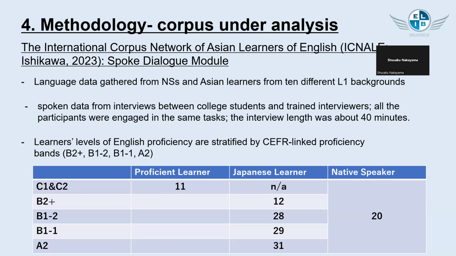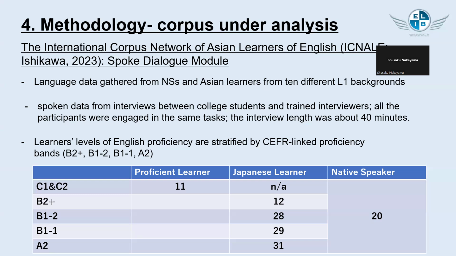The ICNALE corpus classifies learners' levels of English proficiency by CEFR-linked proficiency bands, B2 plus, B1-2, B1-1, and A2. So we can choose language produced by learners at particular proficiency levels, enabling one to analyze how learners' use of an item changes with development of their English proficiency. Representing English as a lingua franca, proficient learner data was assumed to serve as another reasonable benchmark against learners.